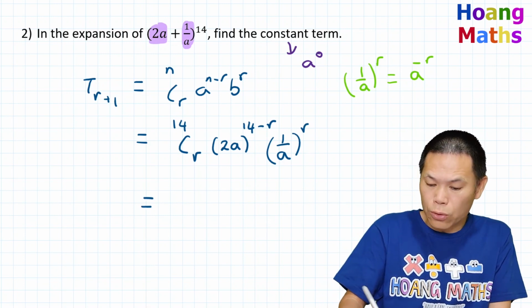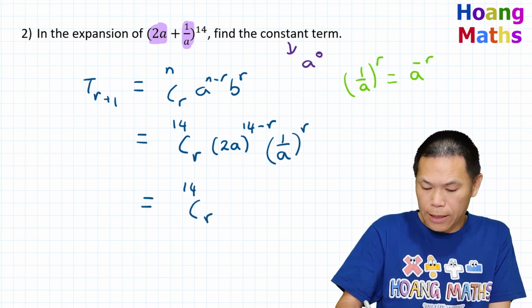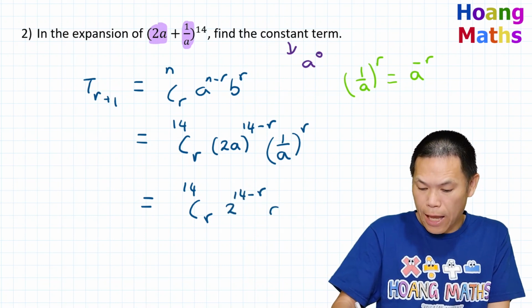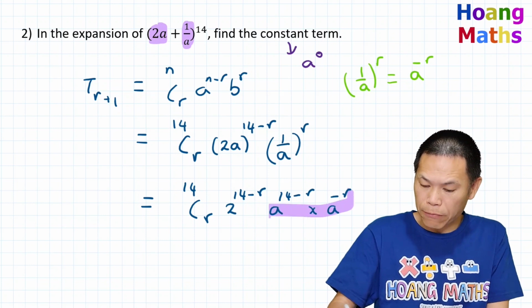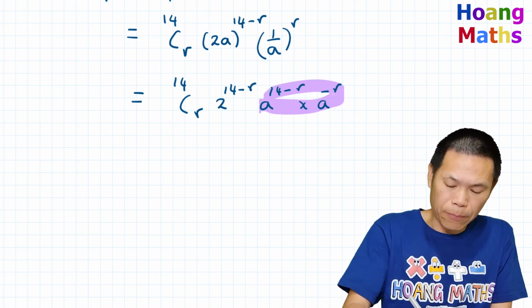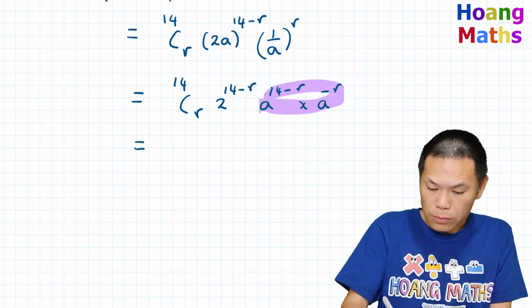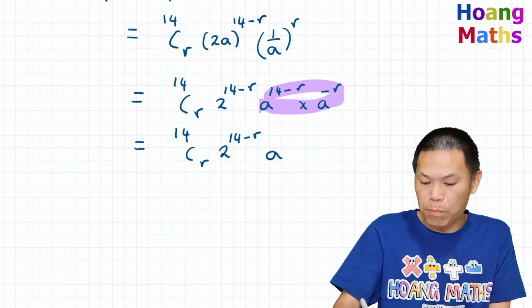So that is equal to 14Cr, 2 to the power of 14 minus r, x to the power of 14 minus r, and we times by x to the power of negative r. Of course, we can simplify this a bit further. So that should give me x to the power of 14 minus 2r. So that is equal to 14Cr 2 to the power of 14 minus r, x to the power of 14 minus 2r.